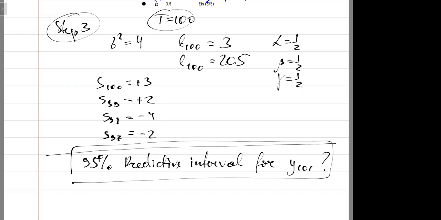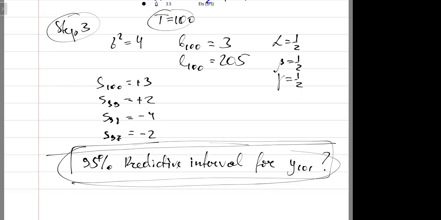So we have basically 3 stages. First, we estimate parameters, then we decompose the observed y1, ..., yt into components, and then we can make predictions. So what is the 95% predictive interval for the next value? How can we do it?